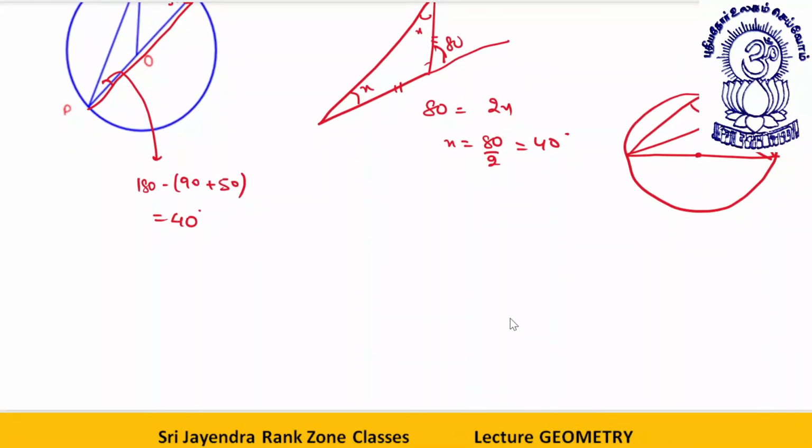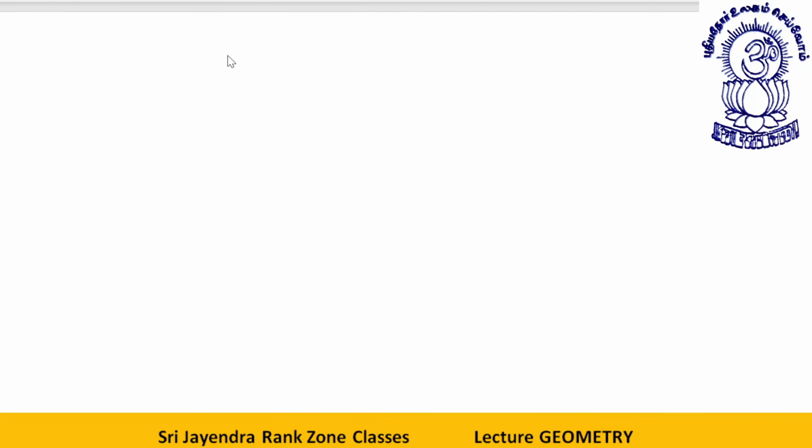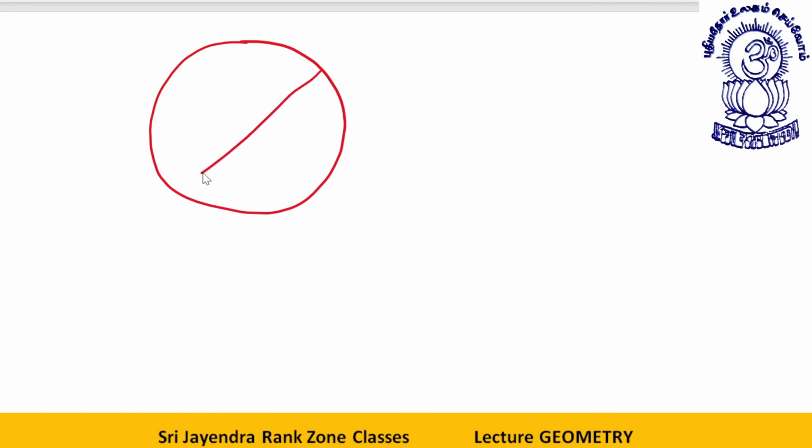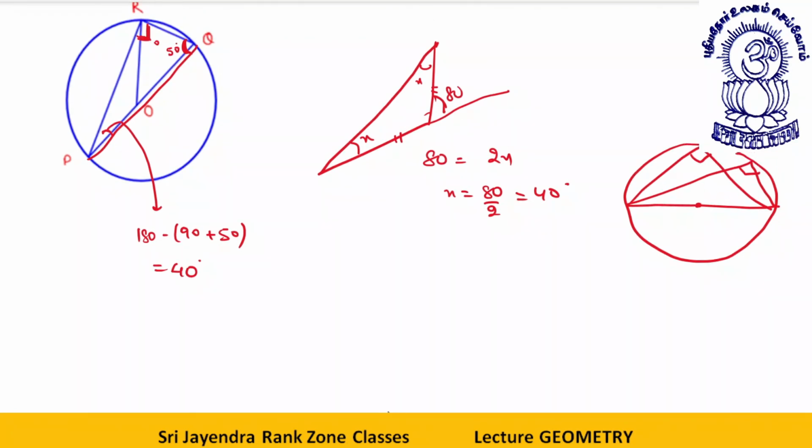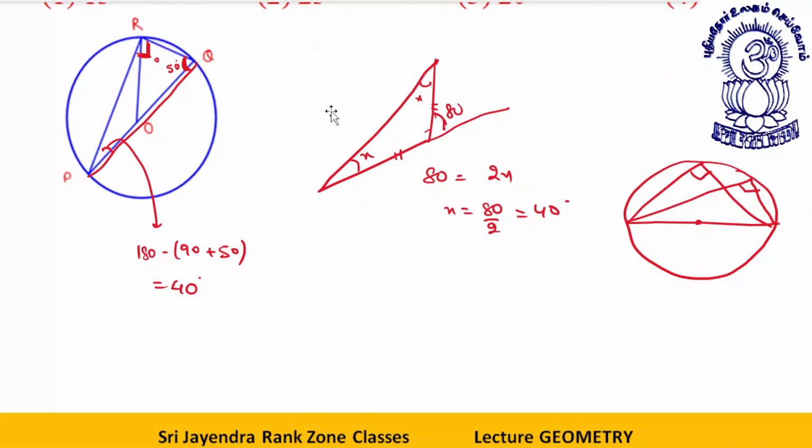Let's do this one. Right now, what was given to us? Actually, what was given to us was like this. I might have read the question wrongly. Let's say this is the center. We were given R, Q, O, P. Angle ROQ was given.